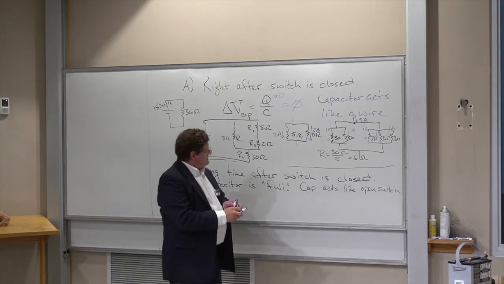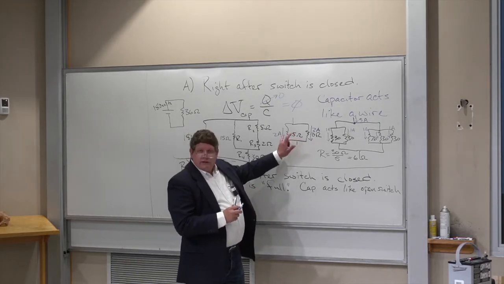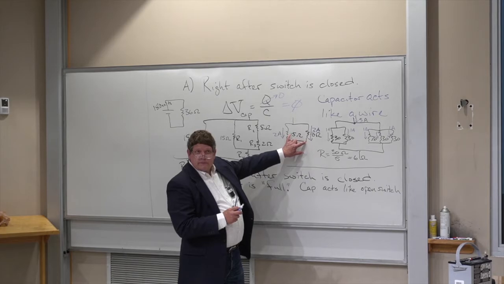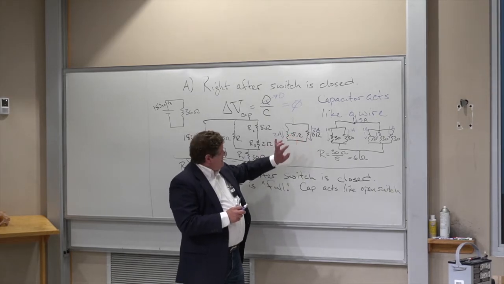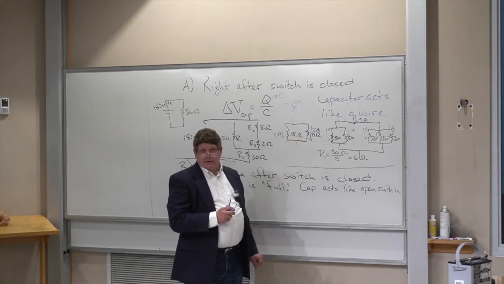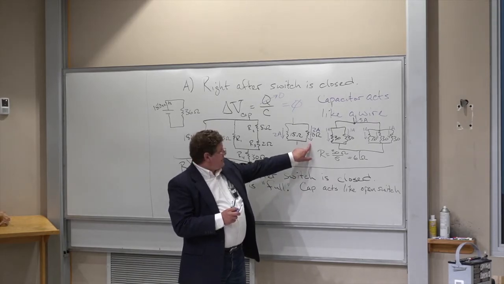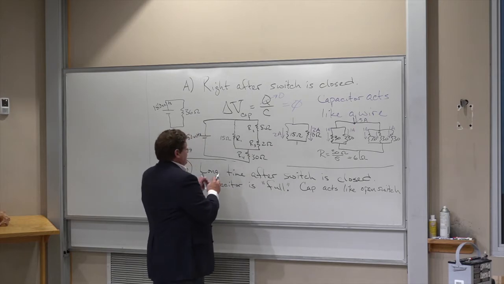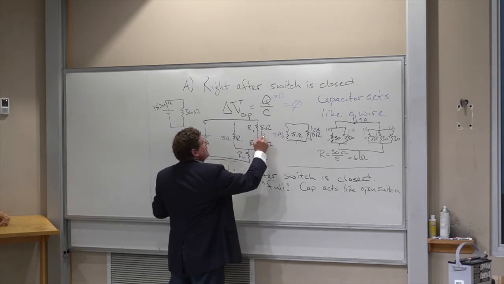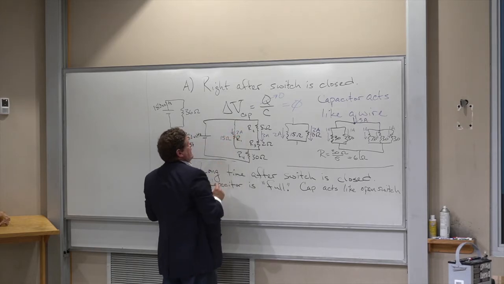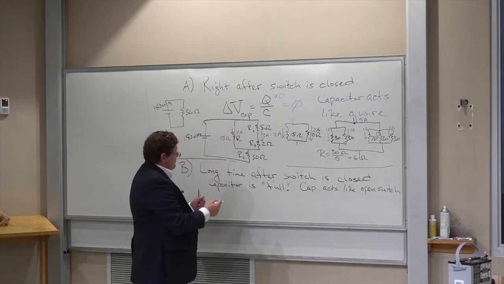Another way to look at it is that the difficulty of these 2 paths are in a 3 to 2 ratio, okay? And that means that the current's got to split in a 3 to 2 ratio with the larger chunk going to the easier path. So I'm going to have 3 amps going down this path and only 2 amps going down that path.